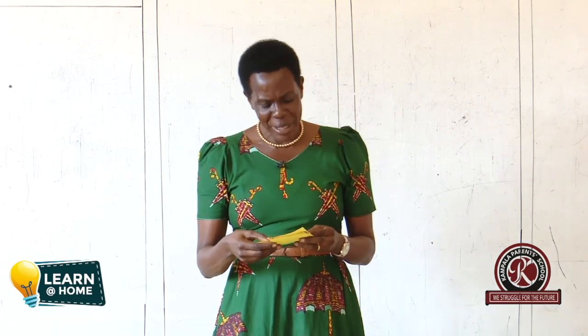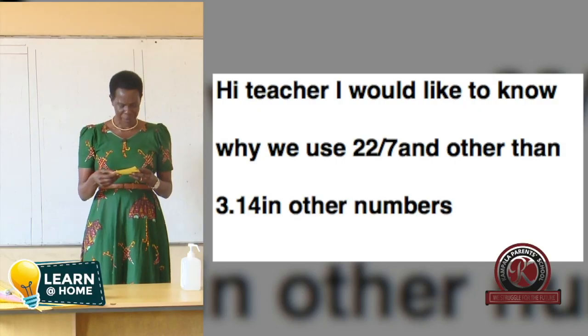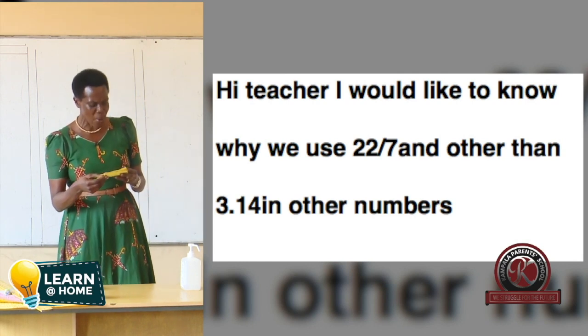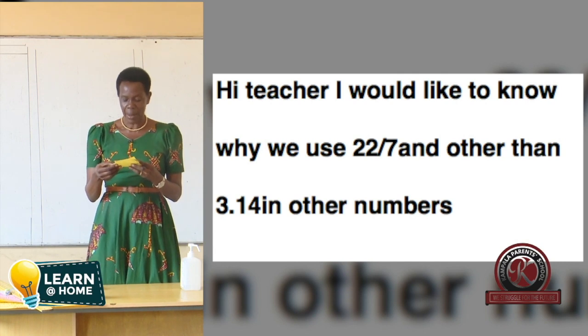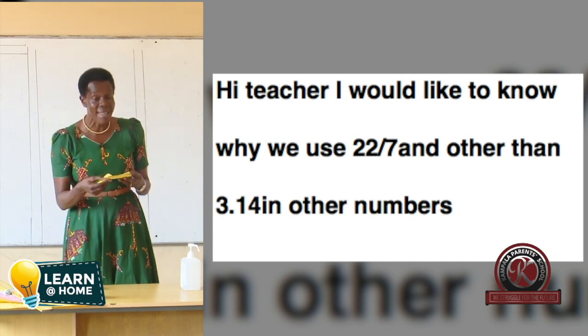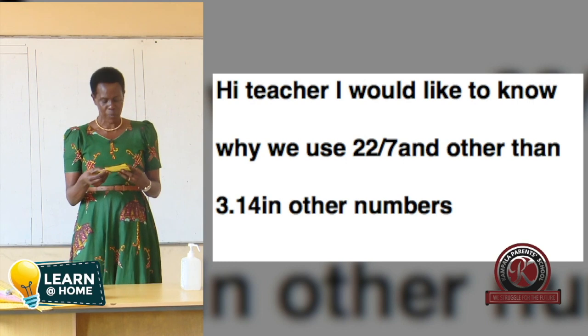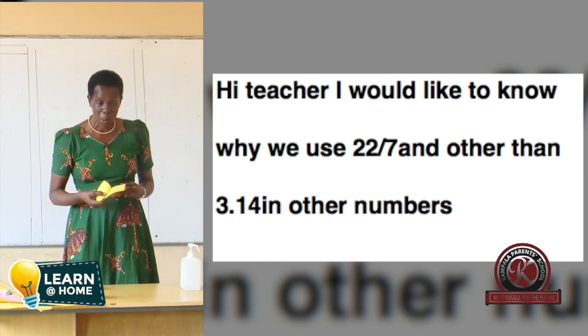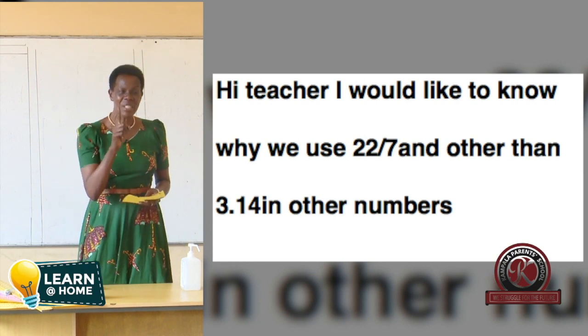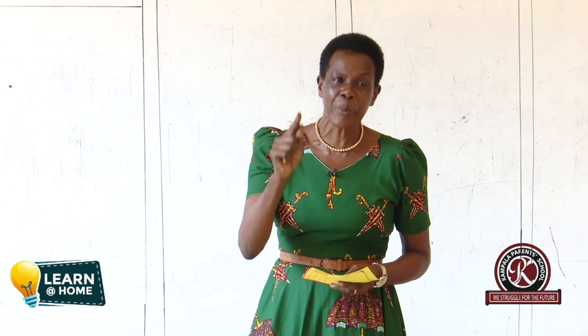Then the next one, a student from Bogo High. I would like to know why we use 22 out of 7 rather than 3.14 in other numbers. Yes, we always use 22 out of 7 when the radius and the diameter given is a multiple of 7. Why do we use that?